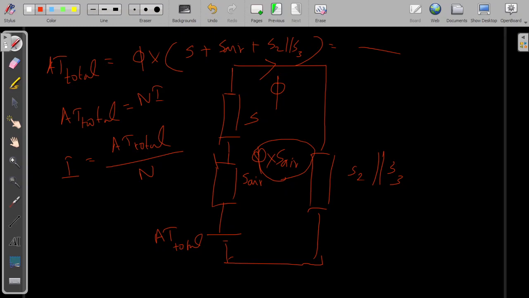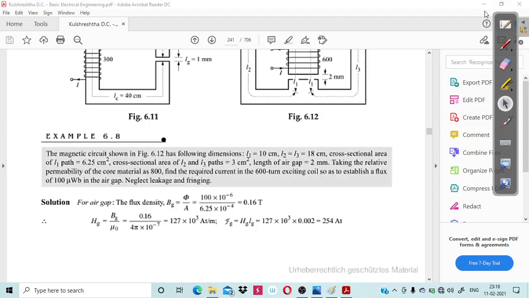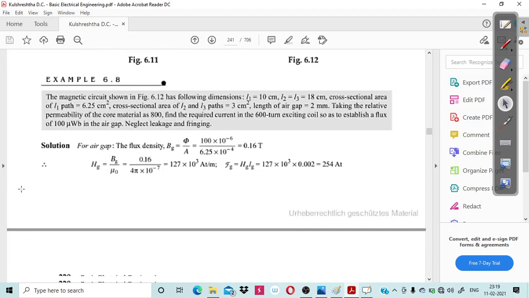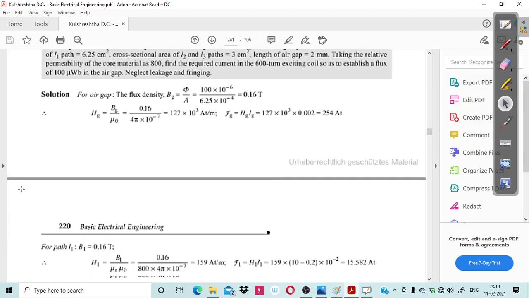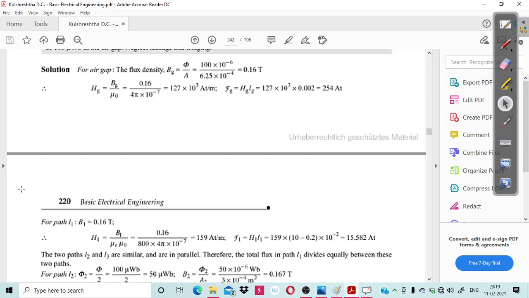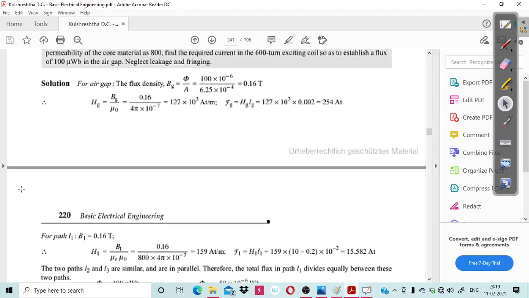Okay, then in the next step they have calculated the flux density again for path L1. That means B1 we have 0.16 Tesla. The same flux density we have, because phi is the same, and the cross sectional area for the central limb is the same as that of the air gap.